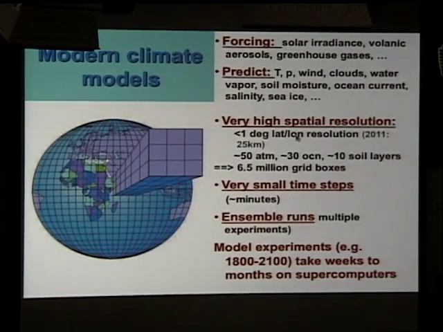Along with high spatial resolution, we have high vertical resolution. We've gone to, I don't know where we are now, typically 50 layers in the lowest 10 or 15 kilometers, then 30 layers in the ocean, and then the soil, maybe 10 layers, maybe more.